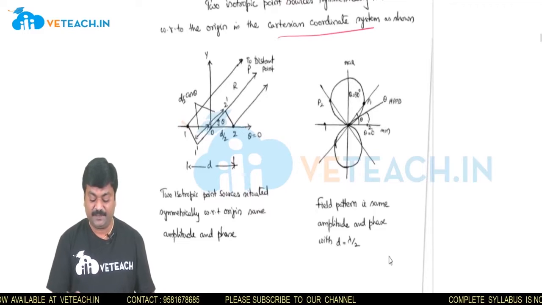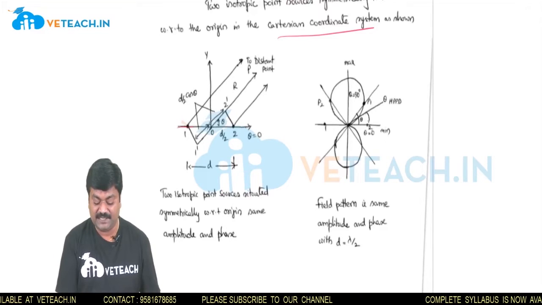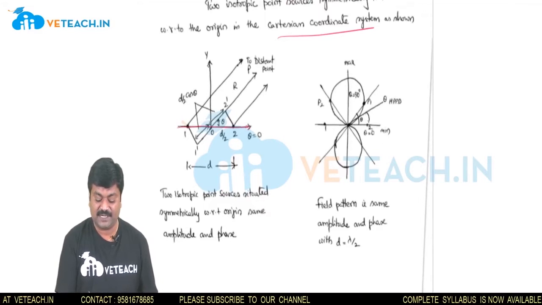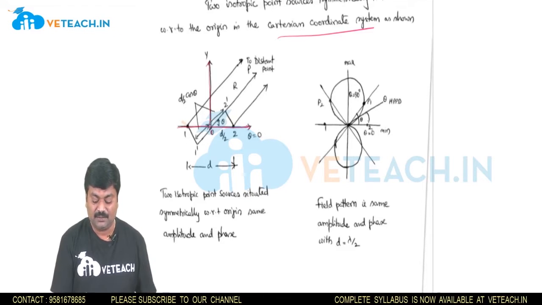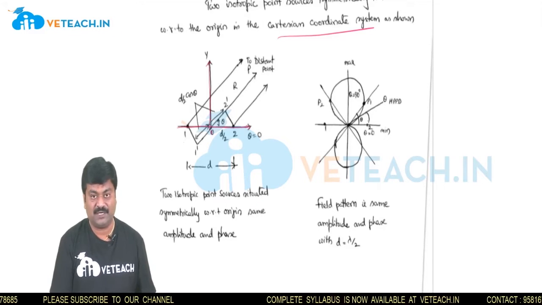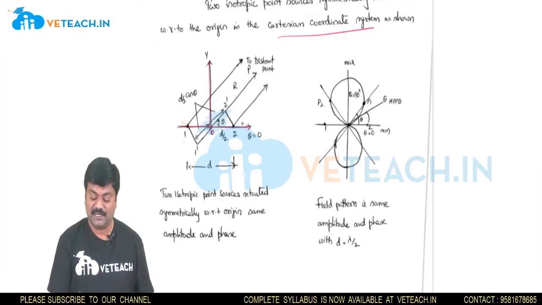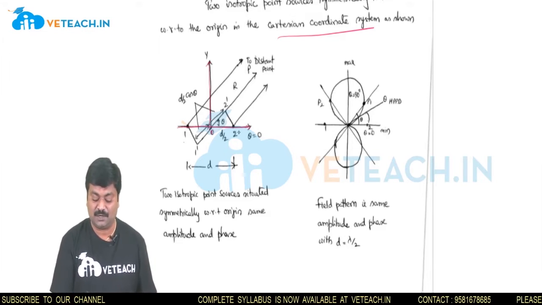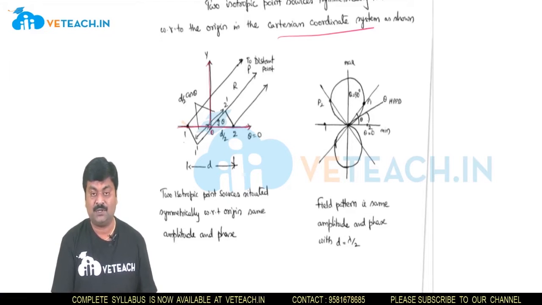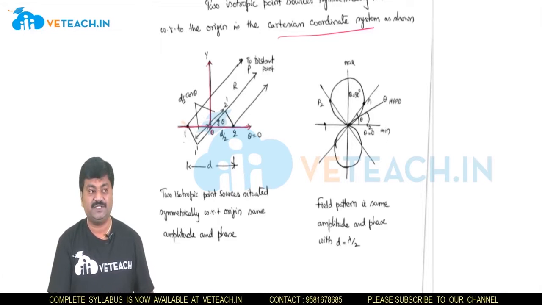If you see the diagram here, I have taken a Cartesian coordinate axis, x and y axis, where I defined the origin point. From the origin point at a distance, I have placed one isotropic source and the second isotropic source is placed at the same distance in the opposite direction. So now the distance between these two.